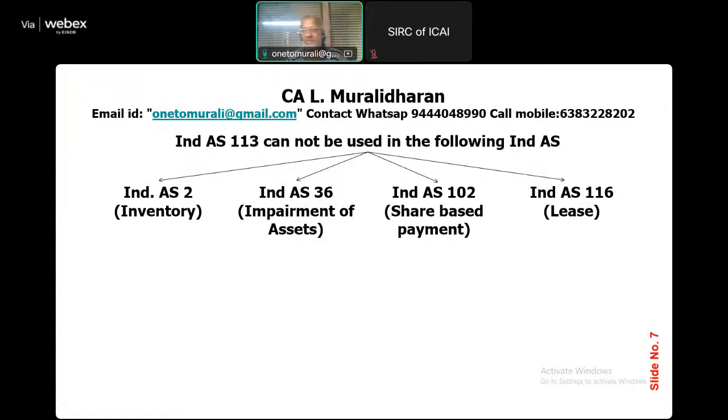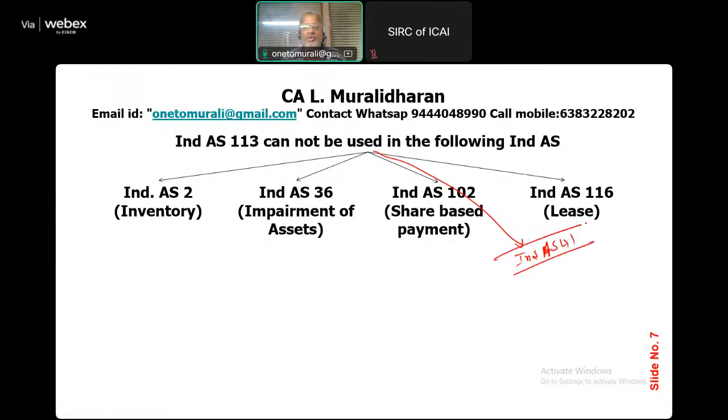Impairment of assets, what is that? Carrying amount versus recoverable amount. Recoverable amount is nothing but the higher of the two. So it has got its own thing. And 102, you have ESOP, ESPP, and stock appreciation rights. In all these cases, I am going to add one more also, which is not mentioned in the accounting standard, which I am going to tell you in Ind AS 41.